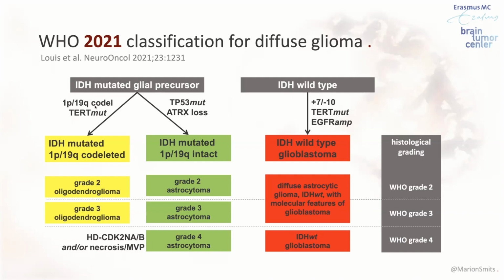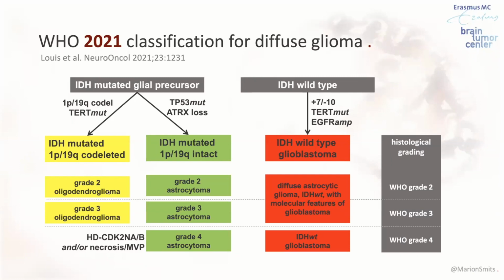There's the co-deletion of 1p and 19q, and this basically defines the oligodendroglioma type. We already knew this. This was a hallmark feature of oligodendroglioma when we still used the histopathological typing. But now it has become a defining molecular status.